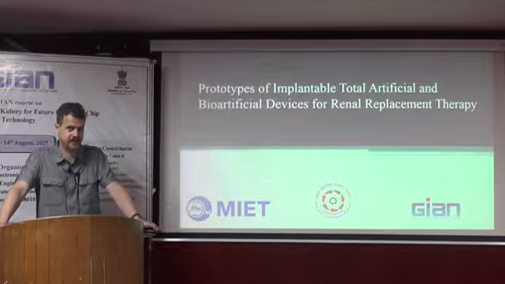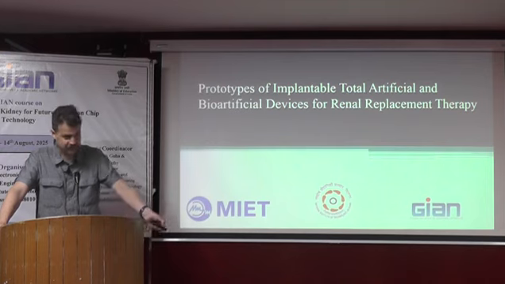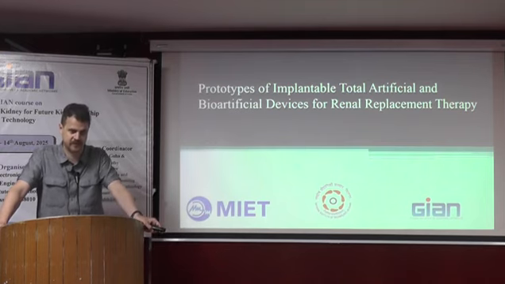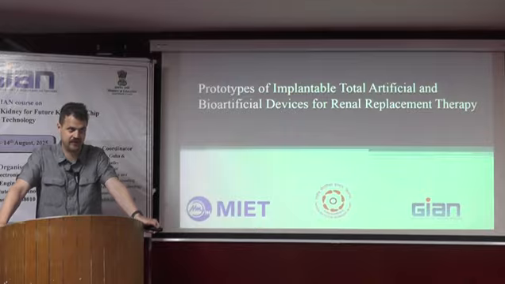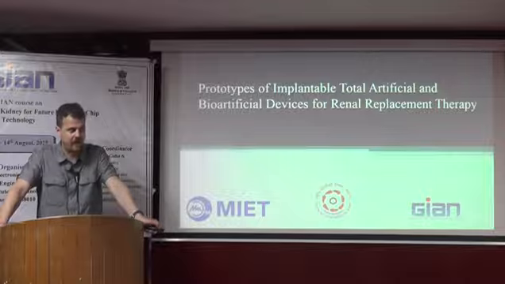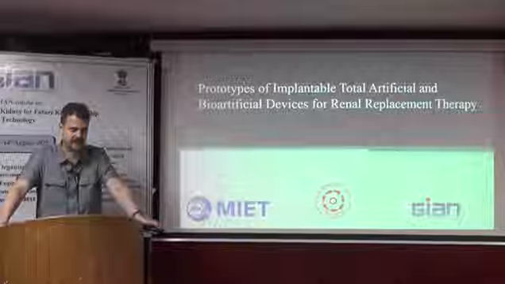And of course, when we talk about chronic kidney disease, it's not just about the blood filtration. Blood filtration is the primary concern, because without it the patient will develop uremia, and the level of toxins that increases in the human organism will lead to very severe symptoms, and in the end it will lead to the death of the patient.